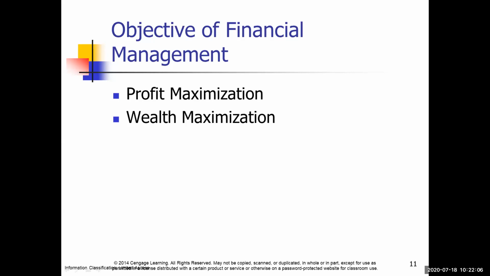Profit is the main source of finance for the company. With the help of profit, you can meet various expenses and obligations, and if you have a good amount of profit, then you can go to the market and raise funds for the company. And in profit maximization, we are concentrating only on the profit, nothing else actually.